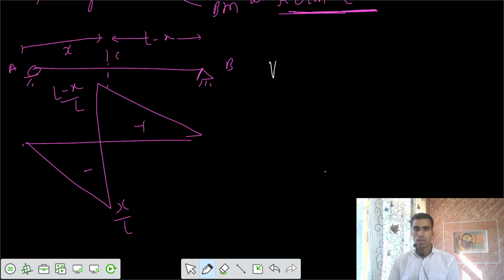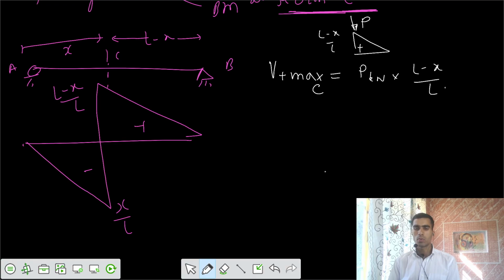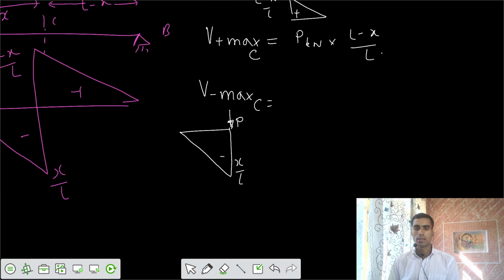Now the possibilities are that if I write what should be the maximum positive shear force at the section C, I would say you place the load at the maximum positive ordinate, that's your L minus x by L, and that load P kilonewton into that ordinate would be your maximum shear force at C. And now if you want to calculate negative maximum shear force at C, if you place that load on the maximum ordinate of the negative part of that ILD, minus x by L, you apply that load on that ordinate itself.